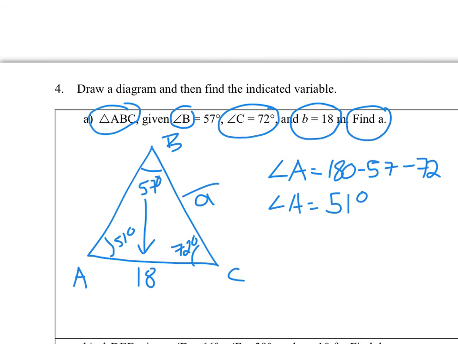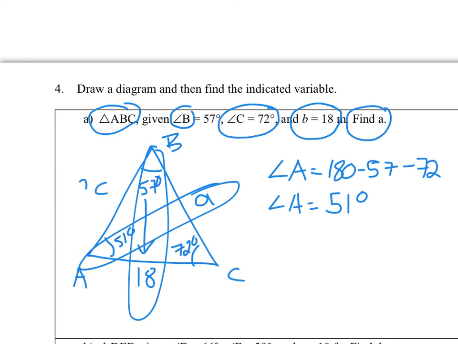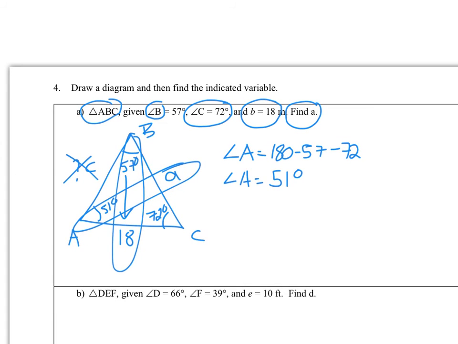Now that I have that 51, this matches, I can solve. Do I care about solving for side length C? No. It didn't ask me to solve for side length C. I could if I wanted to have some fun, but I'm not that interested right now.